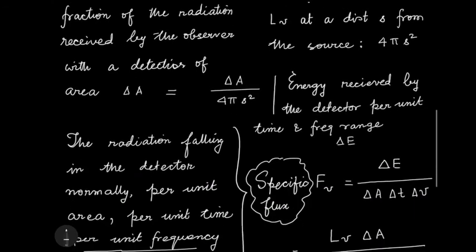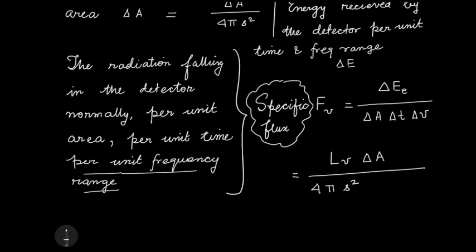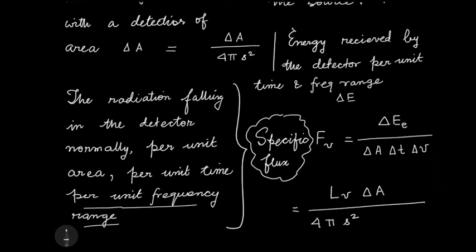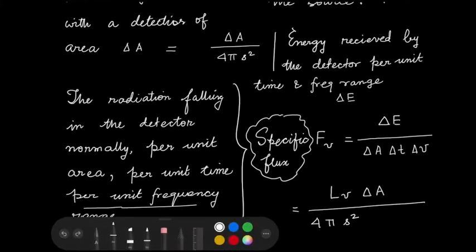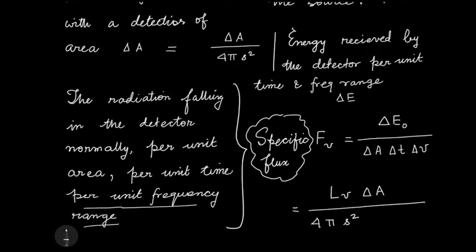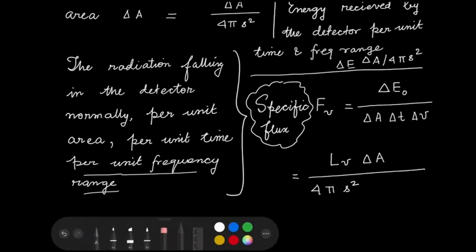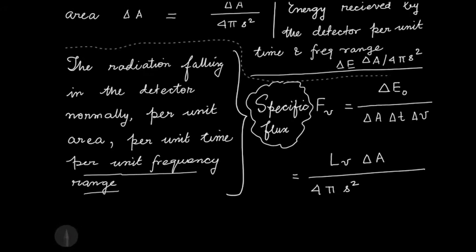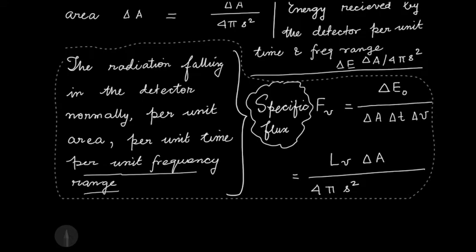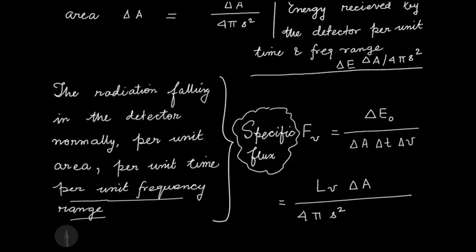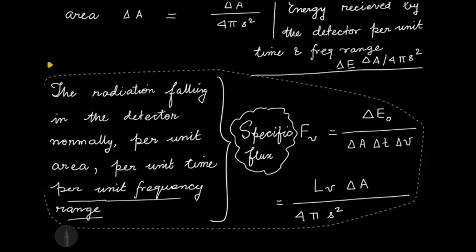So let me keep this suffix e over here for emitted, because otherwise everything will be confusing. This is the emitted. Sorry, this is the observed. This is delta E times delta A by 4 pi a square. Right? So let me keep things a little bit more organized here. Bring that down.